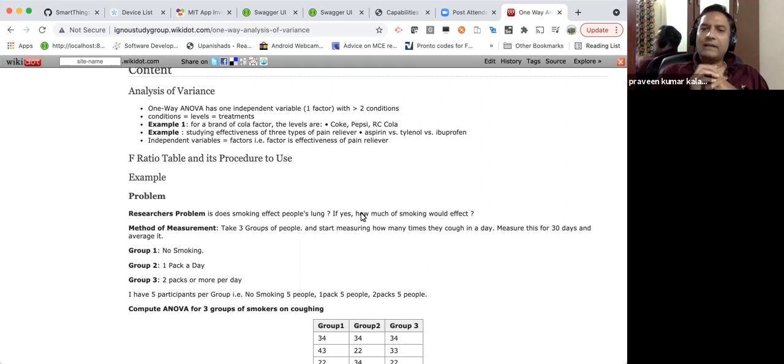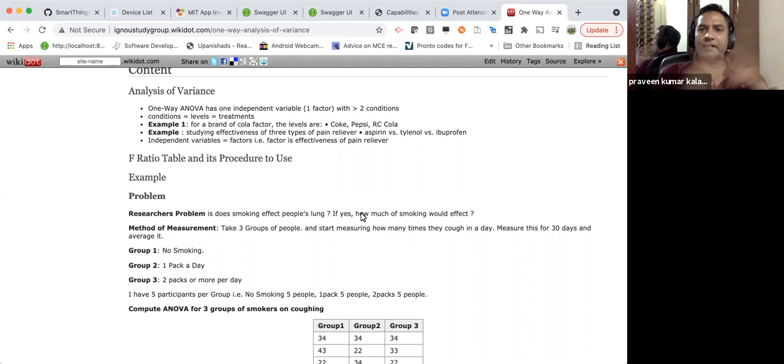For example, you are trying to check the smoking habit and lung health. There, you are comparing groups who smoke, who don't smoke, or who smoke a little, and then you are checking their lung health and making some conclusion on whether smoking can cause lung problems or not.